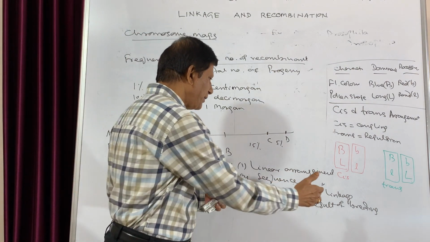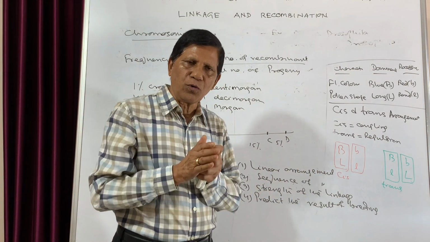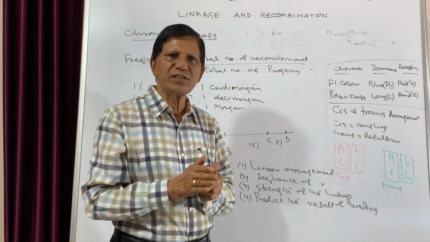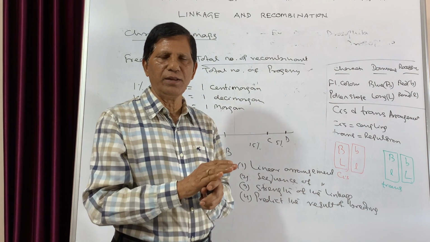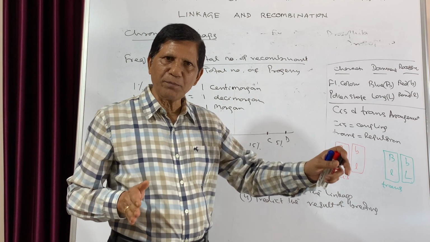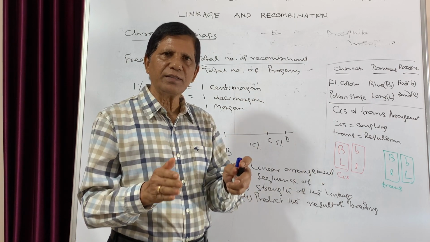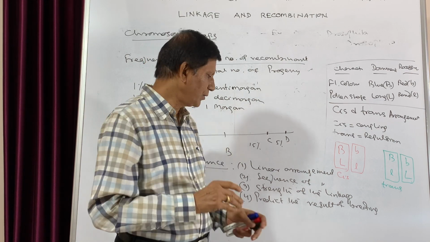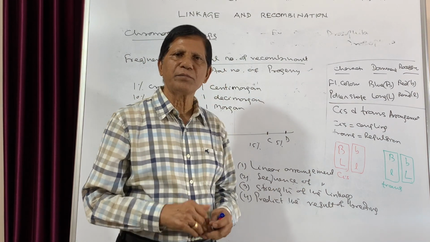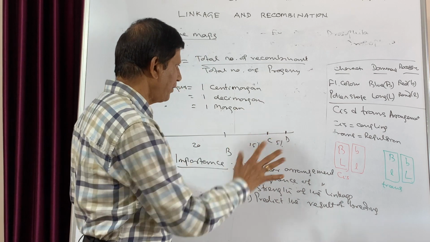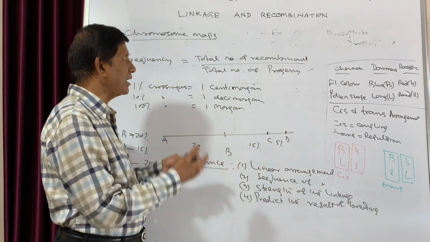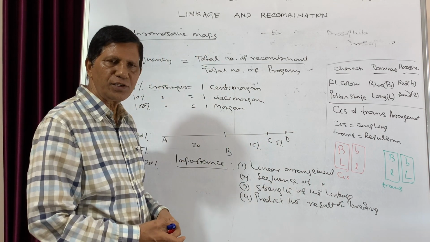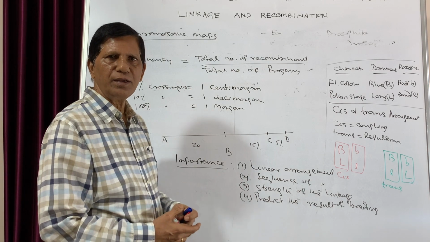Because if the linkage is more, then there is less chance of the two characters combining together. But if the characters are far apart, there is every possibility that they may undergo recombination. So that is known as prediction of the result from a breeding program. So these are the different aspects of the second part of linkage and recombination. Other things we have discussed in the previous video.